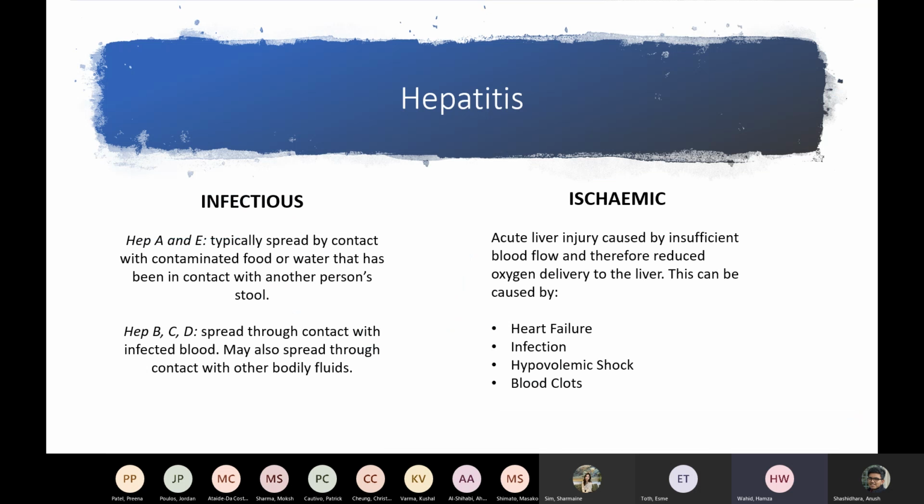Hepatitis, liver inflammation. Can people type in or say some causes of hepatitis? Viruses, alcohol. Yeah. Exactly.